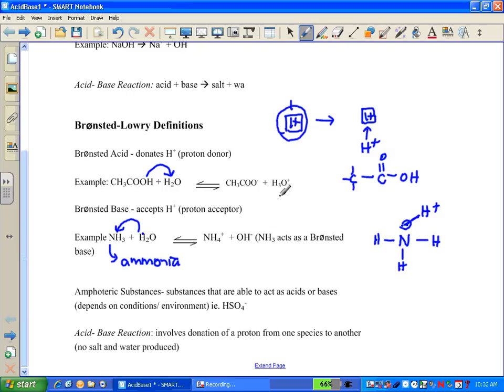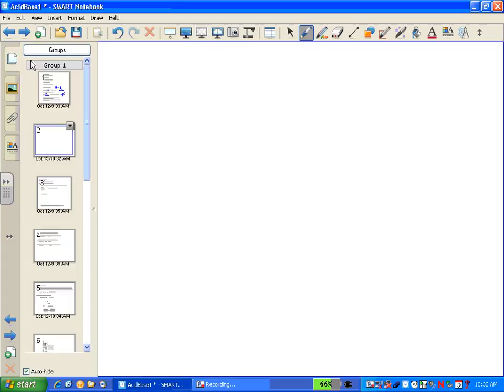Now these two reactions are both examples of acid-base reactions using the Bronsted-Lowry definition. They both involve the donation of a proton from one species to another. And that's what the definition is under the Bronsted-Lowry definitions of acids and bases.